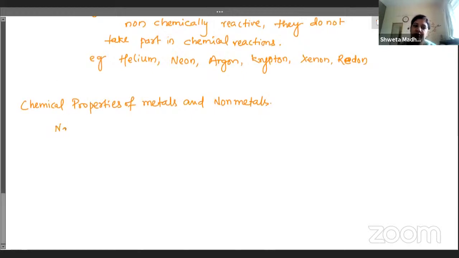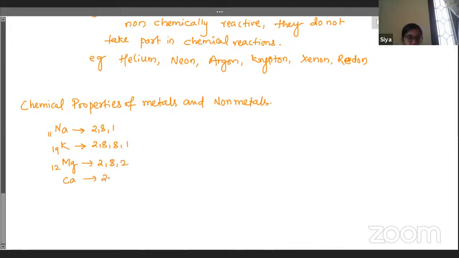Sodium, atomic number 11, so it is 2, 8, 1. Potassium, atomic number 19, so it is 2, 8, 8, 1. Magnesium, atomic number 12, 2, 8, 2.